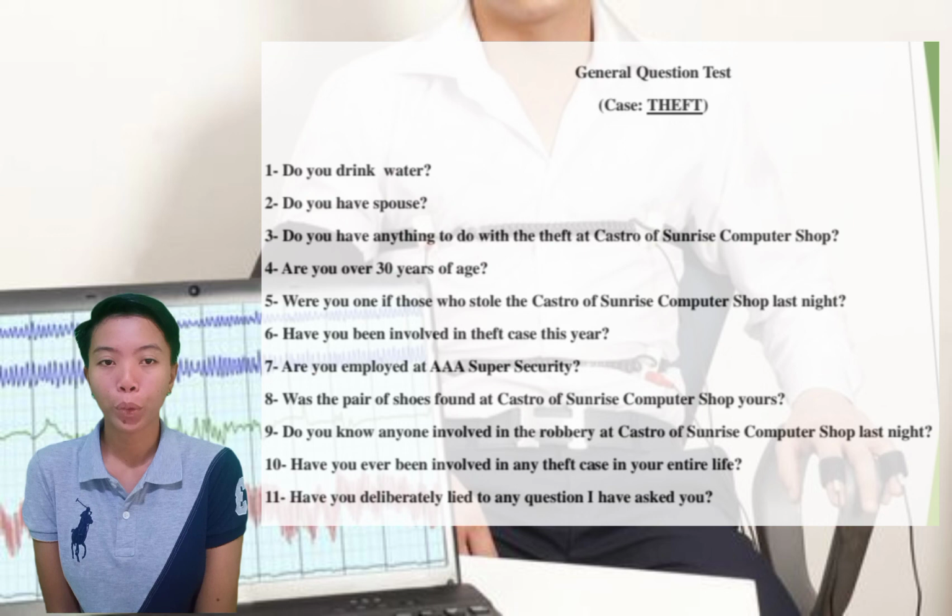Are you employed at AAA Super Security? Was the pair of shoes found at Castro of Sunshine Computer Shop yours? Do you know anyone involved in the robbery at Castro Sunshine Computer Shop last night? Have you ever been involved in any theft case in your entire life? Have you deliberately lied to any question I have asked you?